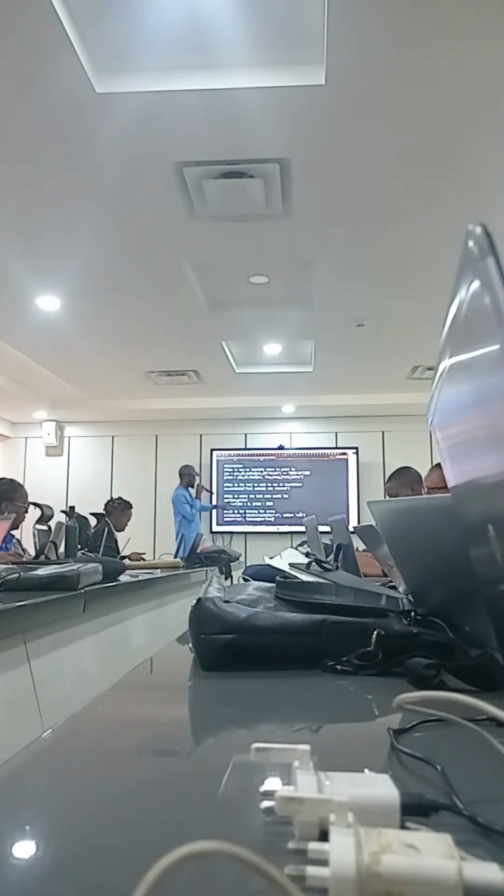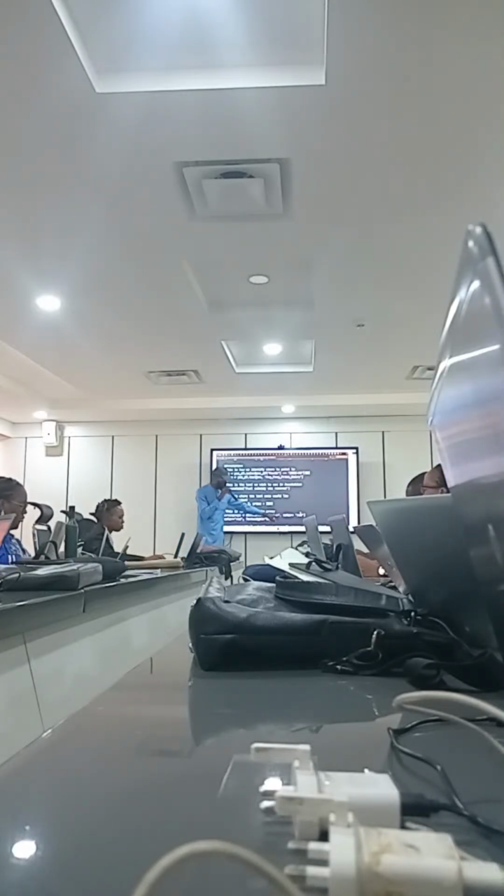Then, based on that empty space, we want to draw a line, and the style we're using is the arrow, and the color we want is red. Then for the text itself, we want the text to be red and the weight of the text to be bold.